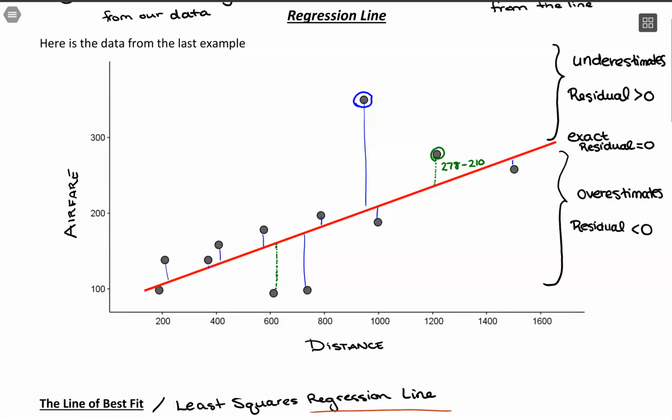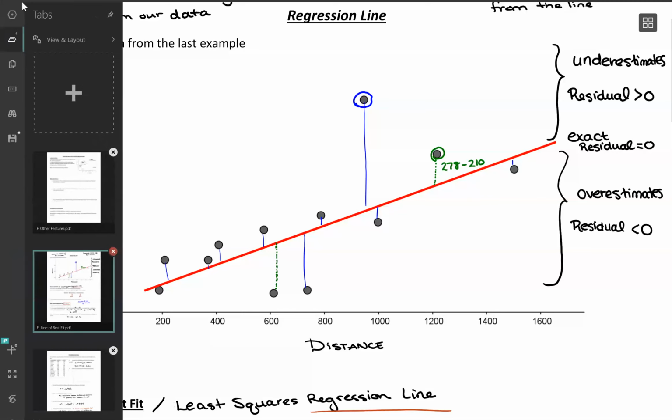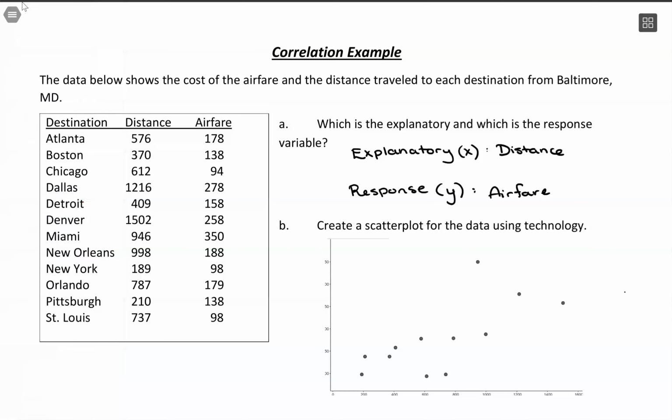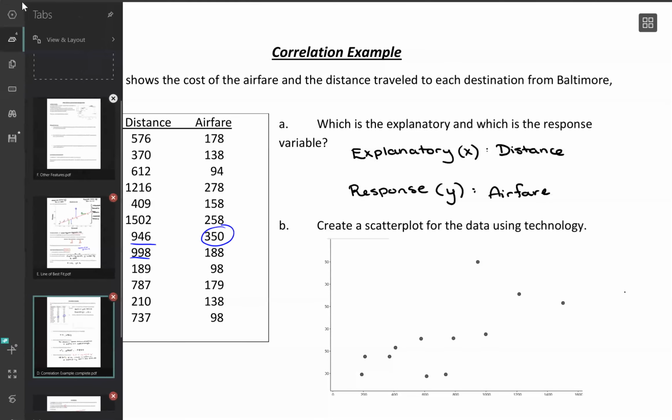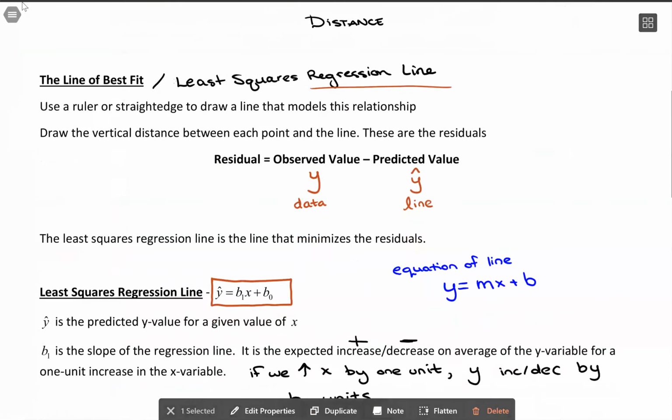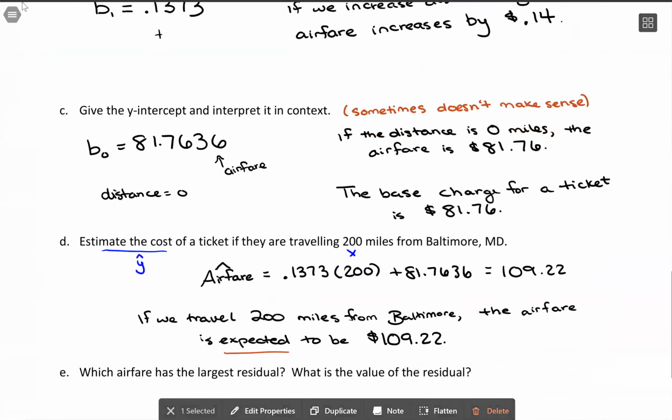So to figure out which one this is, you'd want to go back to your data set and see where X was kind of close to 900-ish, and then we had a very large ticket sales, which I believe came from Miami. Just to jump back to our data set, what we're looking for here is in terms of close to 900, we had this 946 and 998, but Miami was the one that had this large airfare. So the largest residual is coming from Miami.